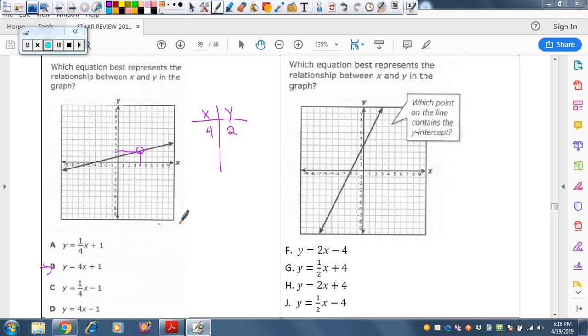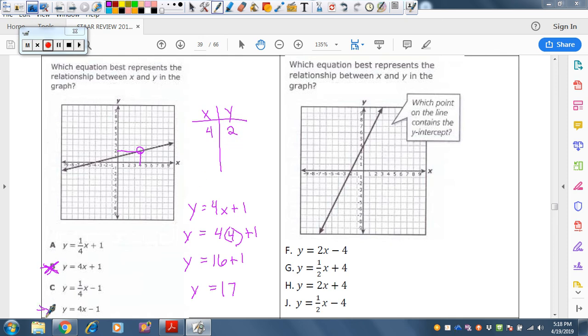I'm going to start with B. I'm going to test it. 4 times 4 plus 1. Oops, sorry. 16 plus 1 is 17. Is that right? If x is 4, y is 17? No, so cross it off.